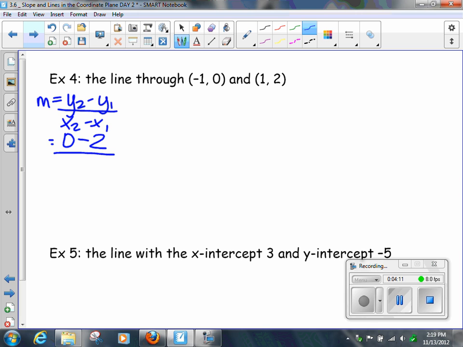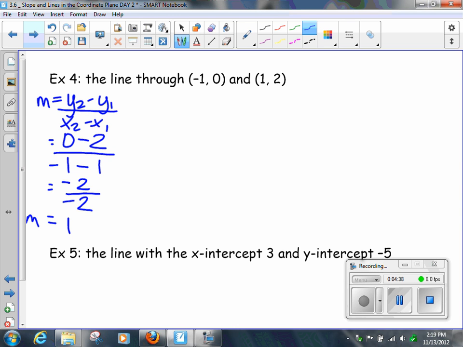The same order. So it's going to be -1 minus 1. Is that okay? As long as I stay in the same order, correct? Okay? It's going to give me the same answer. That's going to give me -2 over -2, which is equivalent to what? +1. So I've got my slope is 1. Do you guys agree? Okay.